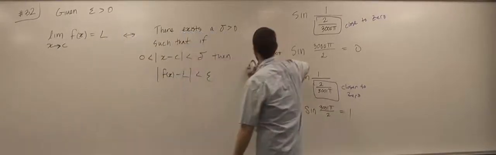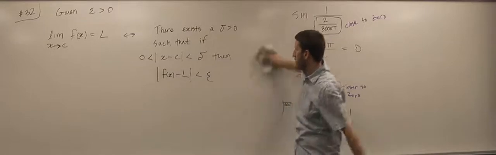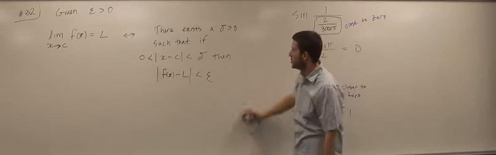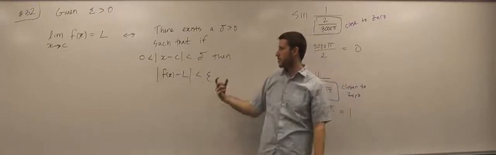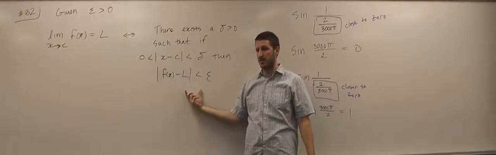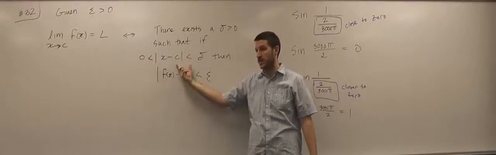So this is the technical math definition of a limit. This is trying to get at the idea of what do you mean by arbitrarily close to L, and what do you mean by approaching c.